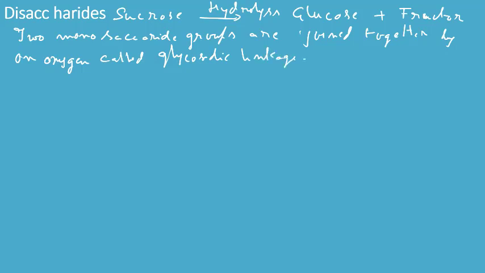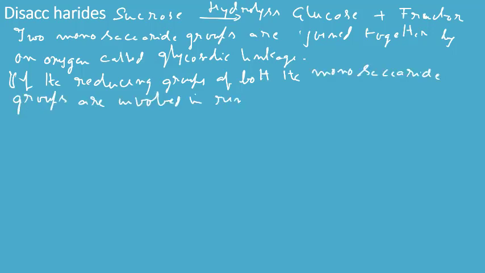If the reducing groups of both the monosaccharide units are involved in ring structures, it is called a non-reducing sugar.